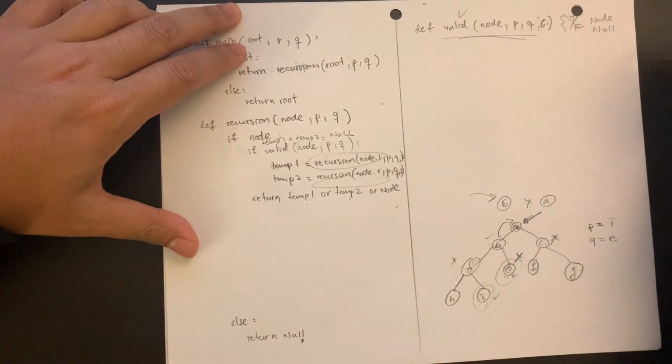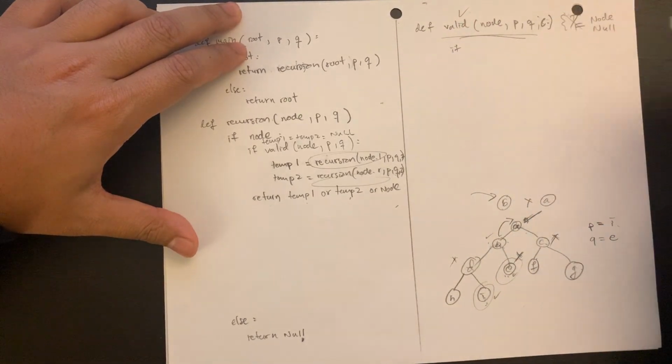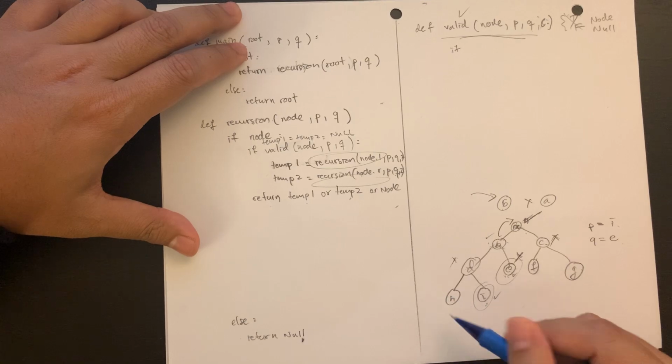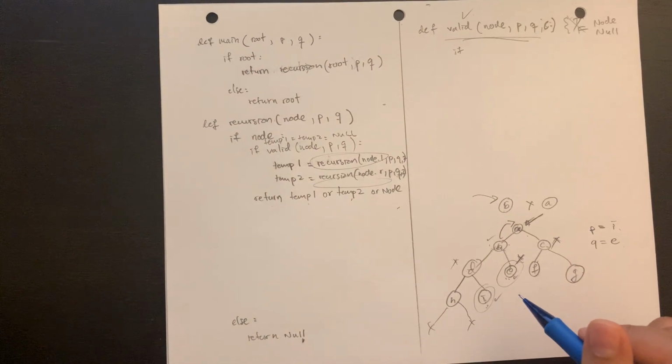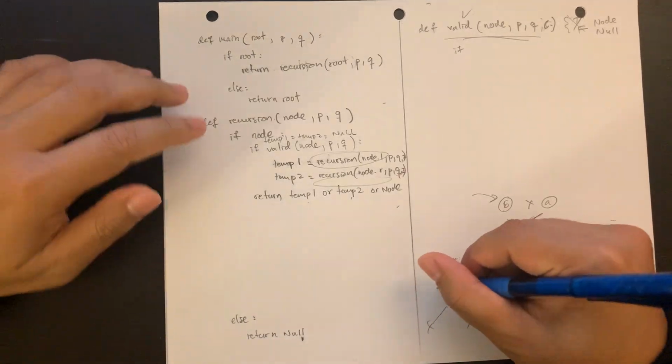So first we just need to check, in this case, let's say this node is passed, right?